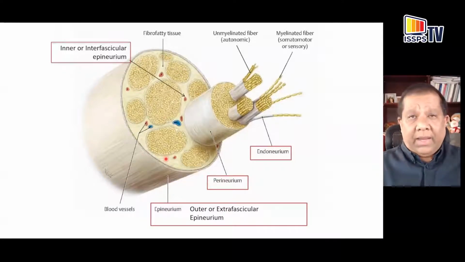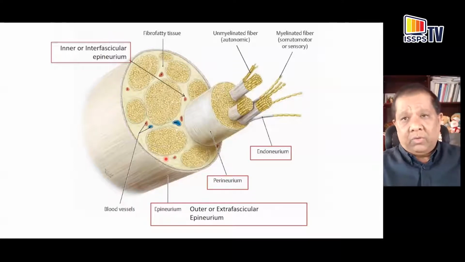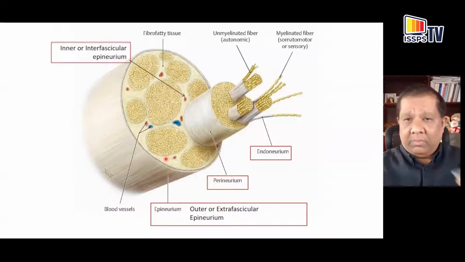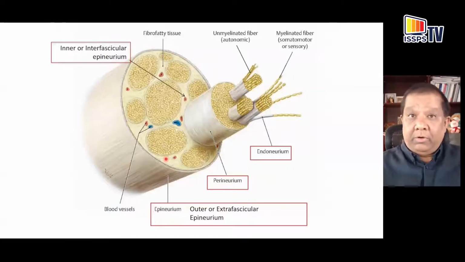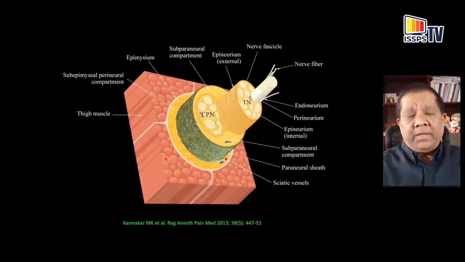But when you look at the sciatic nerve as it traverses its path from the pelvis on the way down to the popliteal fossa, it actually travels in this intramuscular tunnel, which is the perineural tunnel that many investigators have described. So if we go from outside in, you can see that these are the muscles that form the tunnel, and they all have the epimysial layer. So this is the epimysium of the muscle. And then deep to that is the sciatic nerve.